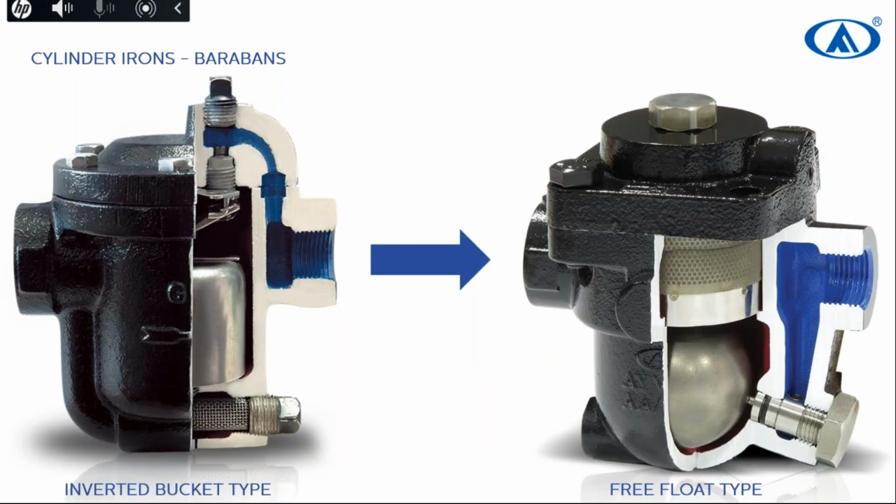That's why if you have this type of bucket type steam trap in your cylinders, just focus on the design differences. You need to use the free float type. It makes a difference. It will raise your efficiency about 10% for that machine.